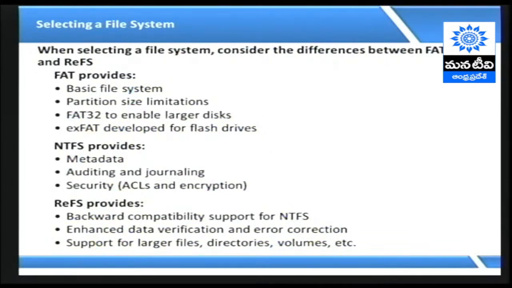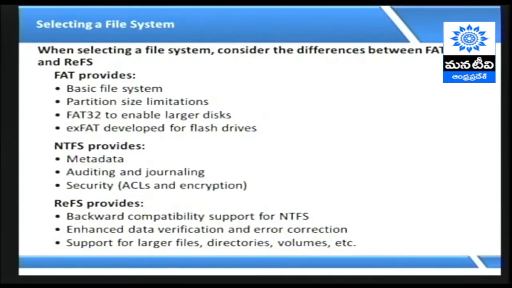For example, as a user of this computer in D drive, I would like to create a FAT32 file system. Definitely I can create a maximum file size of 4 GB, and a maximum drive or volume of 8 terabyte with the help of the FAT32 file system. On the slide you can see exFAT.